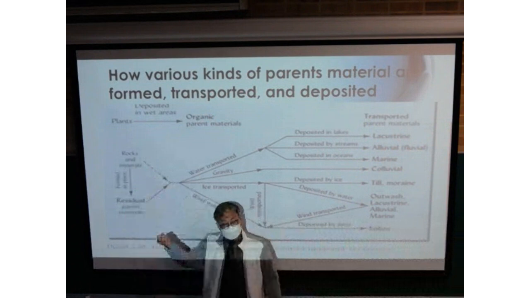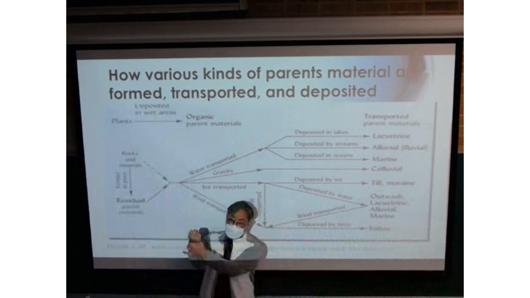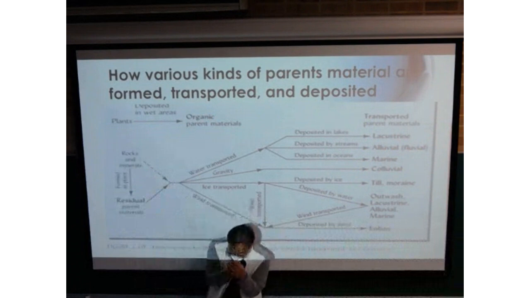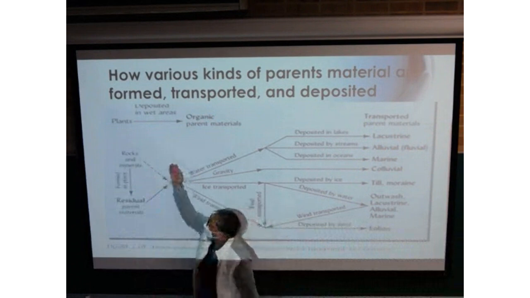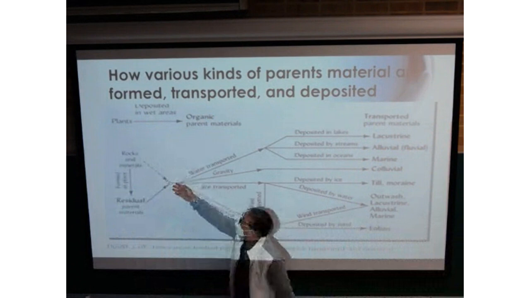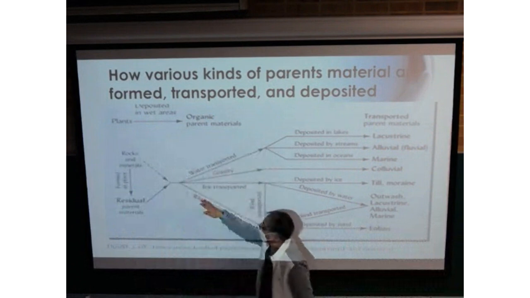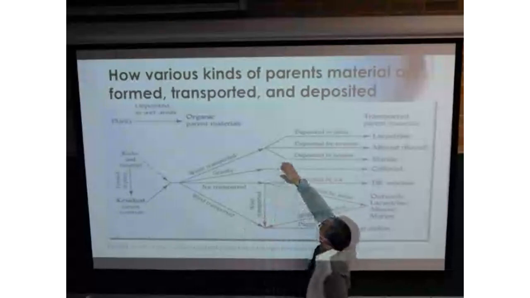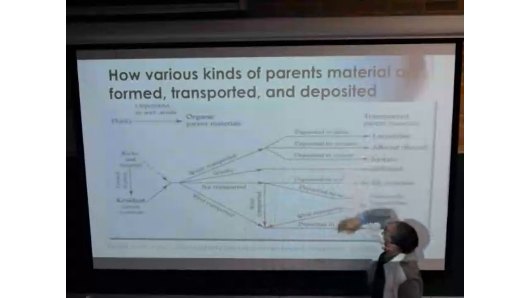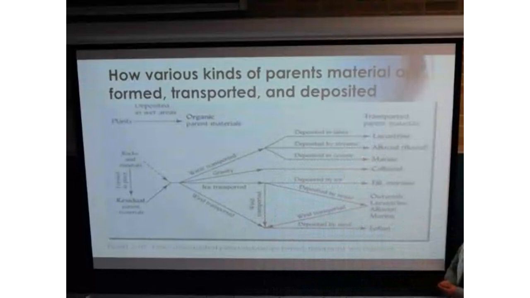I said small, but some broken pieces of rock are my hand size or tiny size. Okay? So, broken pieces are going to be moved by water, gravity, ice, and wind, and then they are going to deposit in the lake, deposit in the stream, deposit in the ocean.